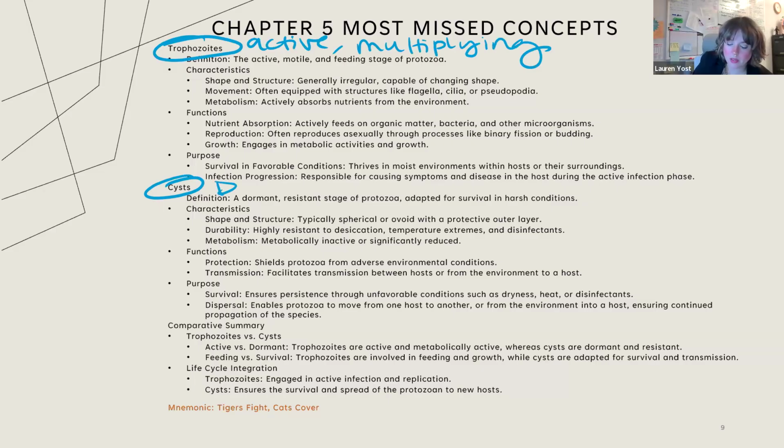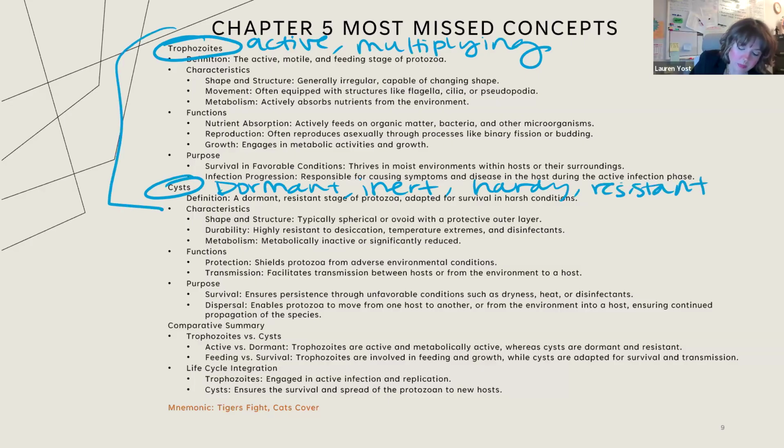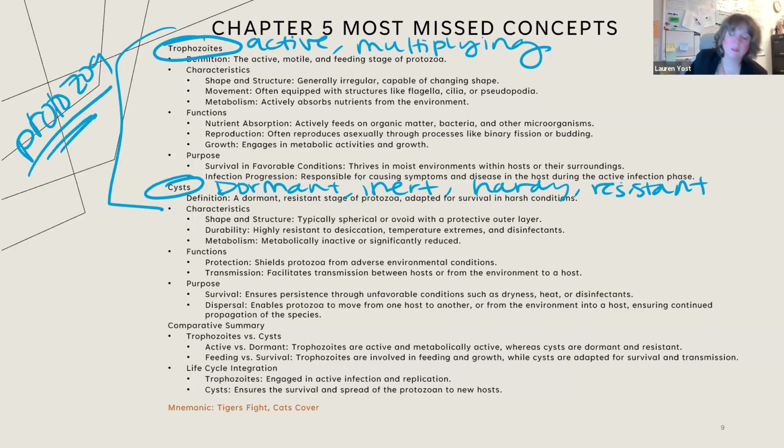Cysts are dormant and inert, but they're also very hardy and resistant. These are stages of the protozoa. Not all protozoa make cysts, but all protozoa, when they're active and multiplying, we call them trophozoites. Okay. All right. So just FYI.